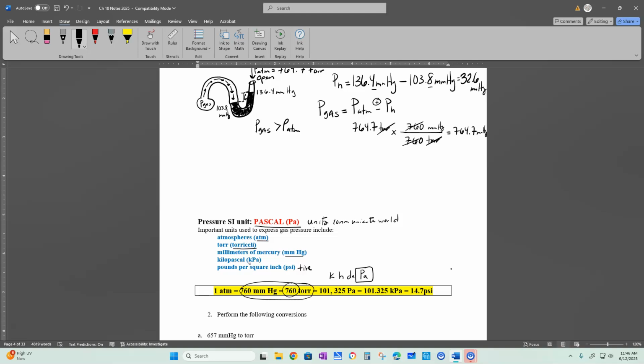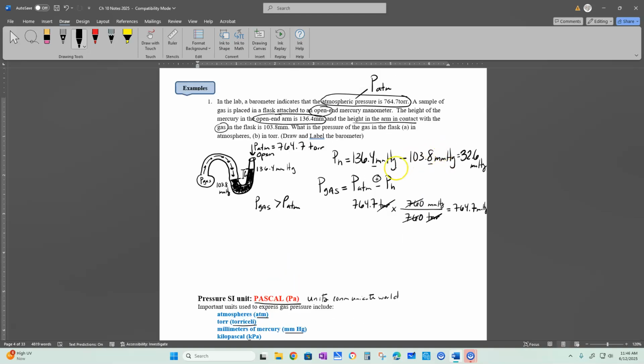So 764.7 mmHg. So now I have, from above, my atmosphere. So P gas equals the atmosphere, which we just found. So that is this guy, 764.7 mmHg, added to the pressure of the height, 32.6 mmHg.